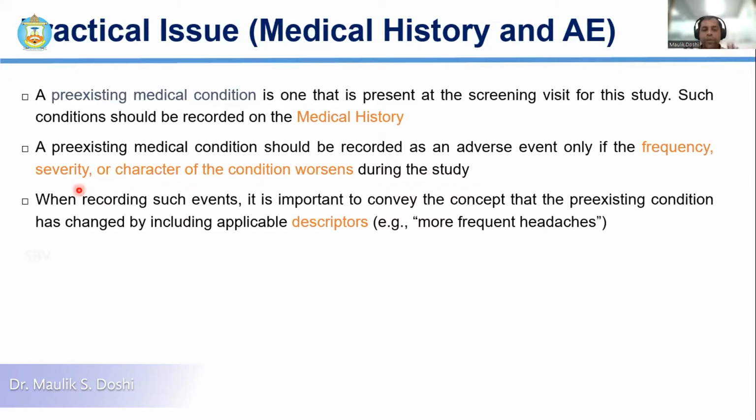So be very careful whenever you are doing adverse event reporting, try to see whether it will be a medical history or an adverse event. Typically, if onset is after signing informed consent, then it should be labeled as an adverse event.